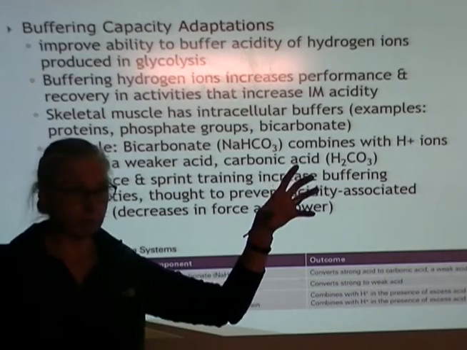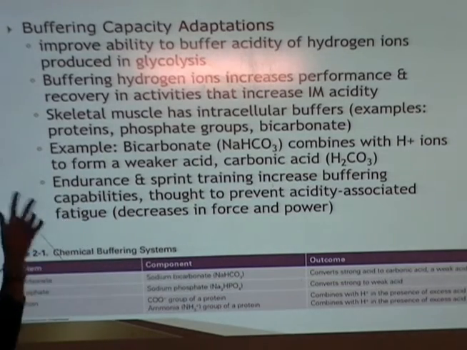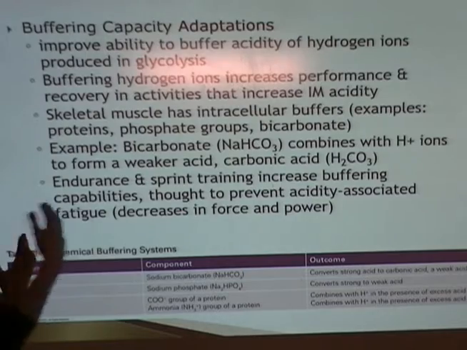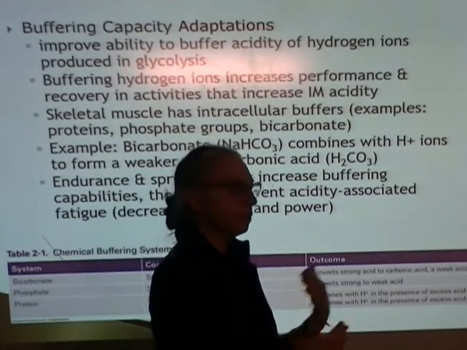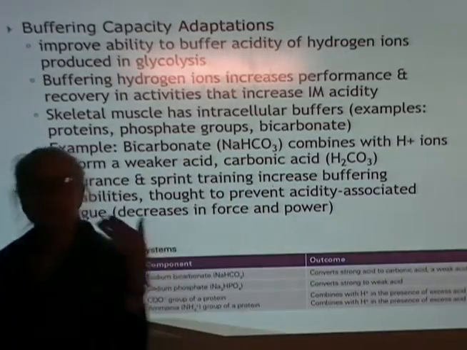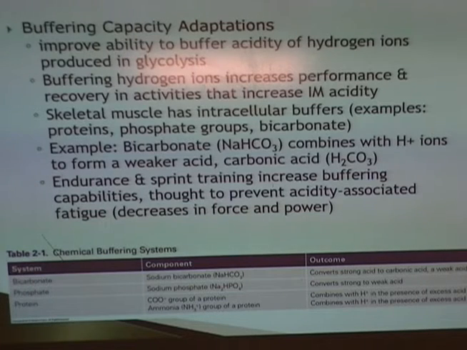Does that make sense? Okay, so not surprisingly, because adaptations are typically positive, right? If I train something, I expect to get better at the thing I'm training, right? So the physiological adaptations are typically positive to enable you to be more efficient at the thing you're training for, right?